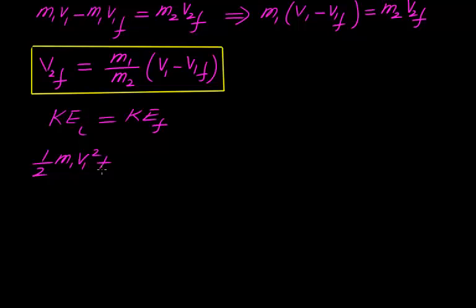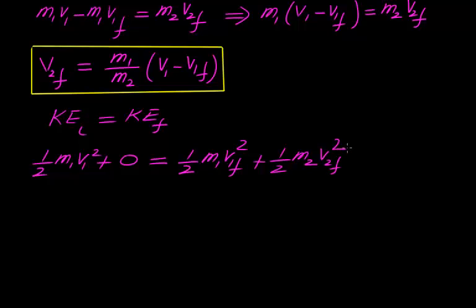The kinetic energy for m2 is 0 because the mass m2 is initially at rest. That equals the kinetic energy for m1, which is 1/2 m1 v1 final squared, plus 1/2 m2 v2 final squared. You can cancel the halves between all the terms.